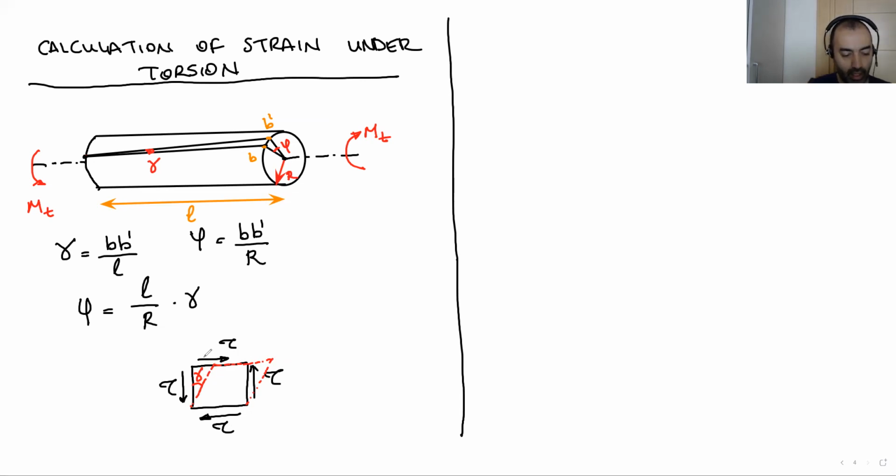Remember Hooke's law. When we were talking about axial stress, what was it? There is something similar in these equations, so I'm going to start the explanation from Hooke's law. The axial stress equals the modulus of elasticity times axial strain.